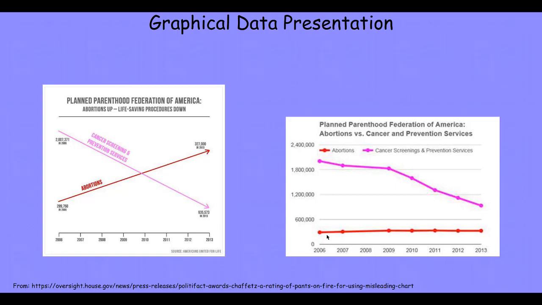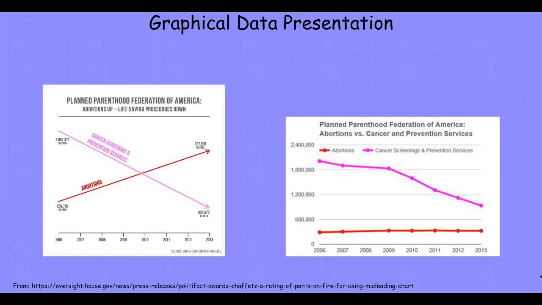Essentially, abortions have remained constant during this period of time. There's an increase, but that increase really isn't very large relative to past years. Cancer screening and prevention services do go down, but they don't go down so far as to fall below the level of abortions for any given year.